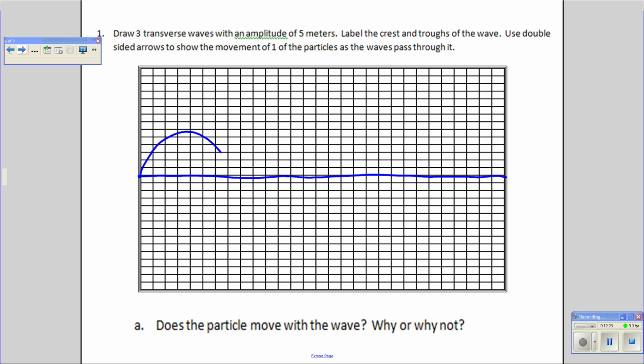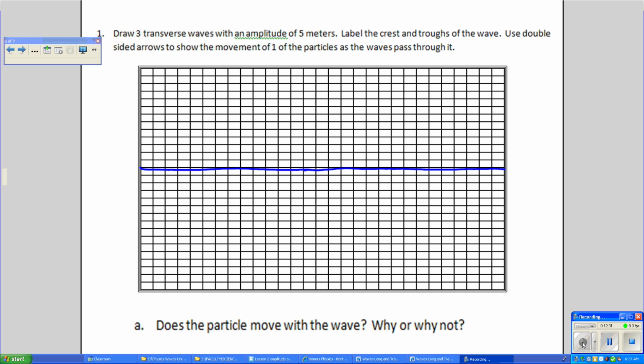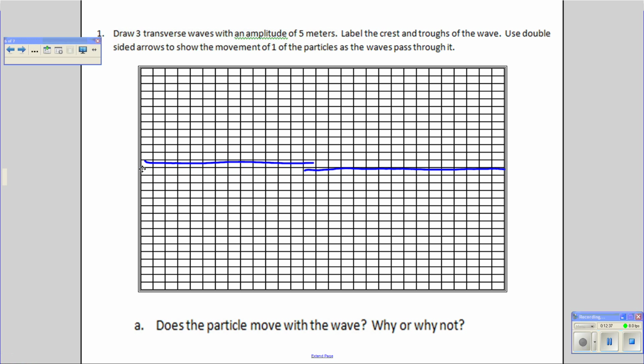So let's see. 1, 2, 3, 4, 5. All right, let me fix this. 1, 2, 3, 4, 5. So if I make blocks, each worth 1. Let's see if we can do it without doing that. And I'll do it in red. 1, 2, 3, 4, 5.